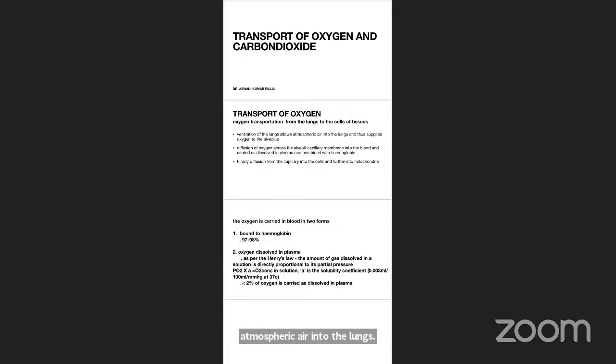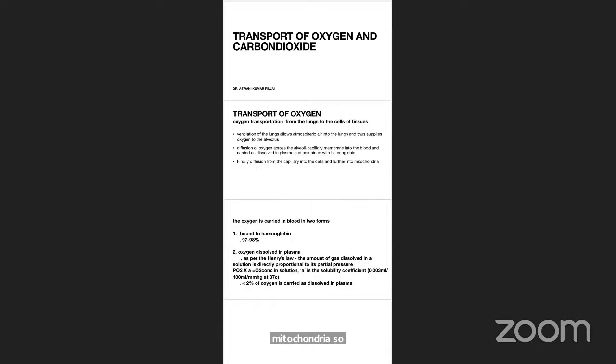Then diffusion of the oxygen across the alveolar capillary membrane into the blood, carried dissolved in plasma and combined with hemoglobin. As you all know, the major portion of the oxygen is combined with hemoglobin, and a very minute part is dissolved in the plasma. And finally, diffusion from the capillary into the cells and further into the mitochondria. So this is just a summary.